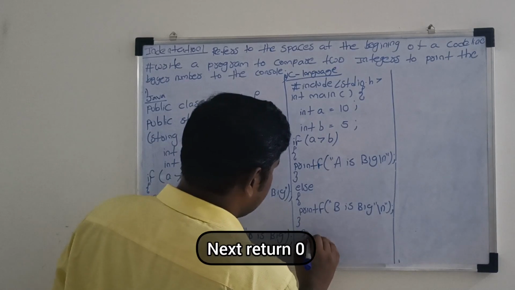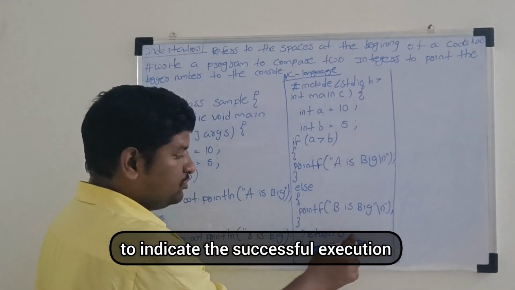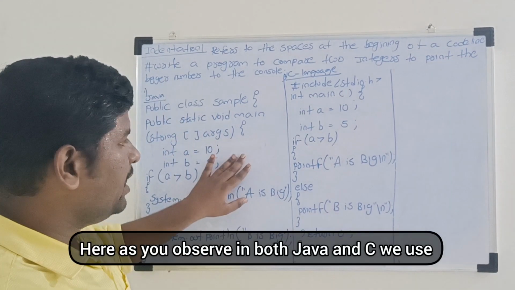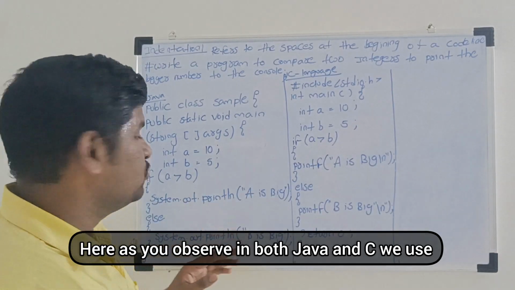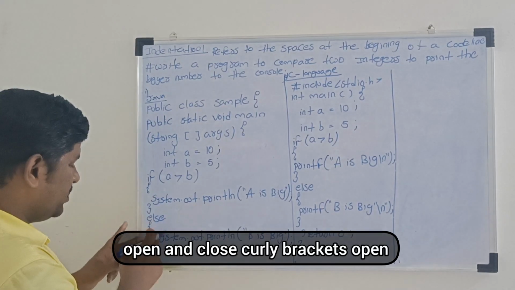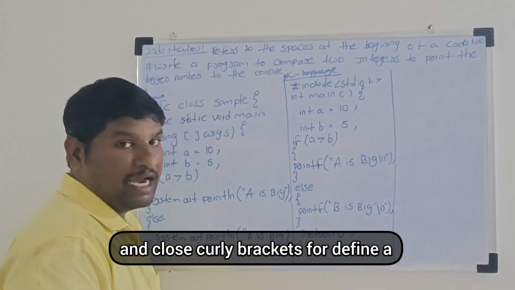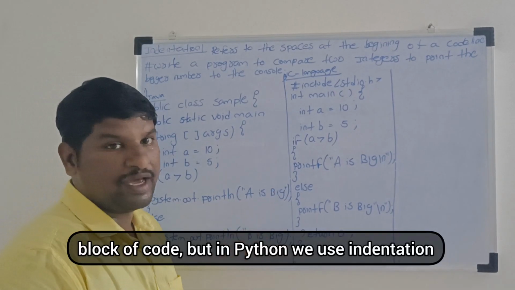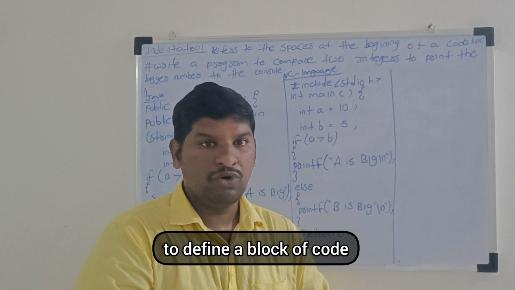Next, return 0 to indicate the successful execution. Here, as you observe, in both Java and C we use open and closed curly brackets to define a block of code. But in Python we use indentation to define a block of code.